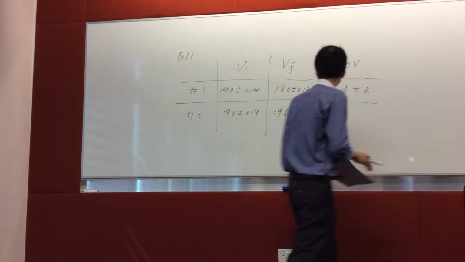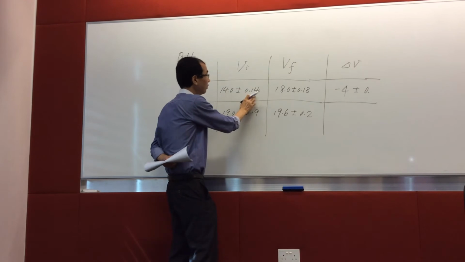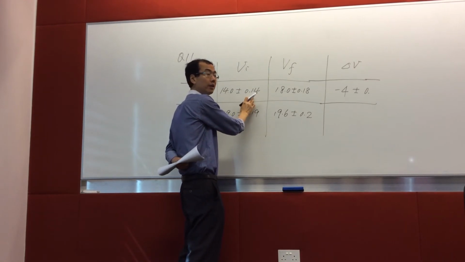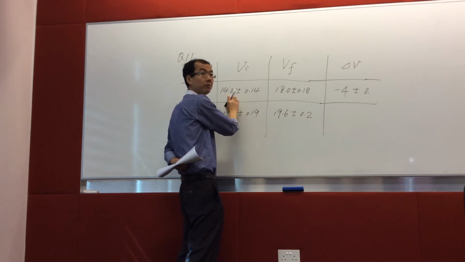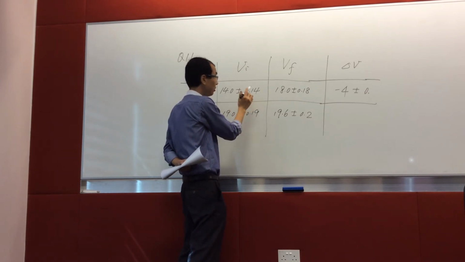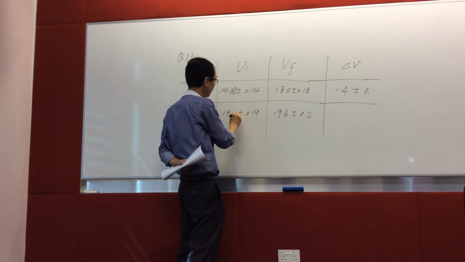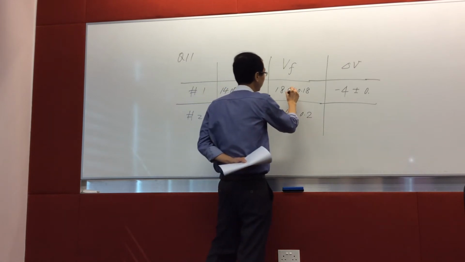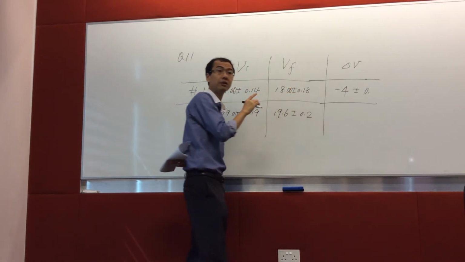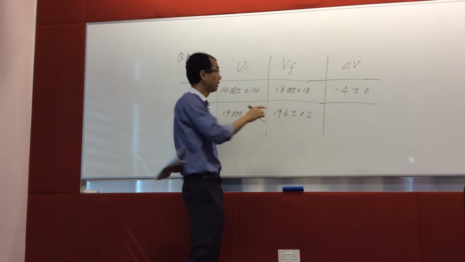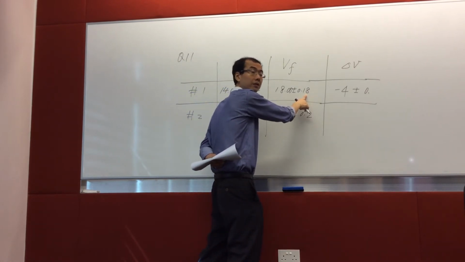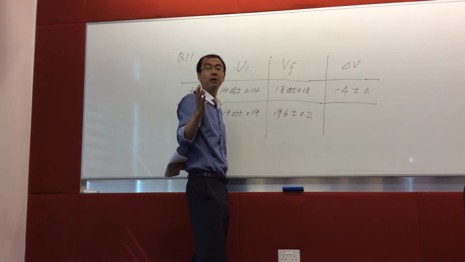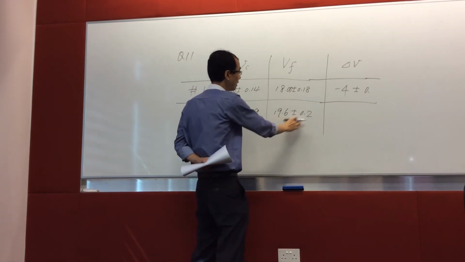Okay, so actually, to make it correct, because now we keep two significant figures here, this one needs to have the same order of magnitude as this one. So you should have one more zero, agree? They have the same order of magnitude, because this one is accurate up to 10 to the power minus 2, so you should have two zeros to represent your 10 to the power minus 2. So this case is all right.